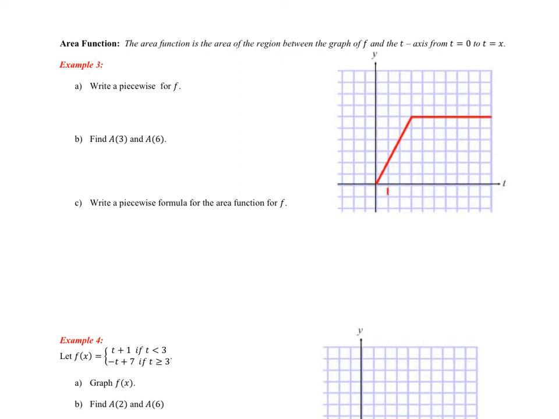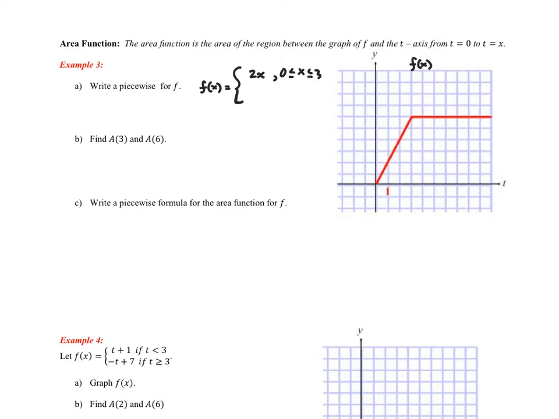So let's write a piecewise function for this graph over here, f of x. It looks like there's two portions to f of x, and they transition at the point x equals 3. So when x is between, I guess we could include 0 and 3, the function takes on the form of 2x. Slope of 2 on the interval from 0 to 3.